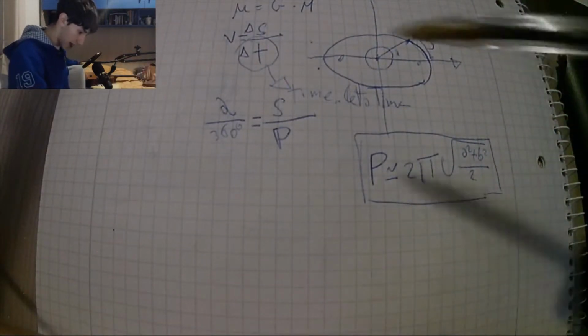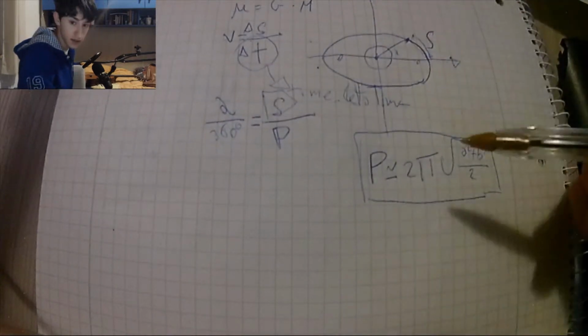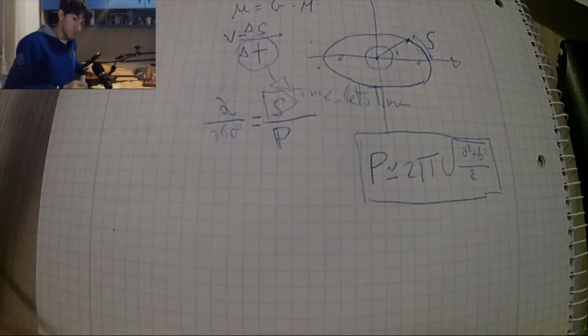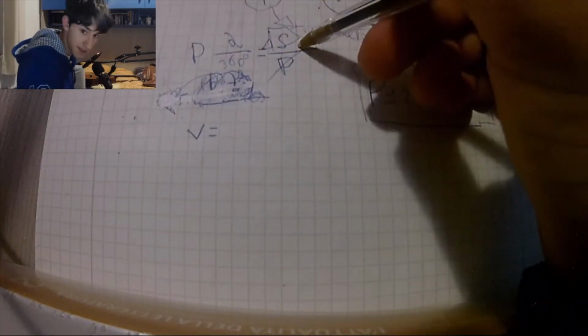So we have the perimeter, we have the angle, now we have space, or at least we have something which is pretty close to the space. So let's just find the space. This is the space. So let's just say that v equals delta space, which we just found, and is p times alpha divided by 360, divided by delta time.